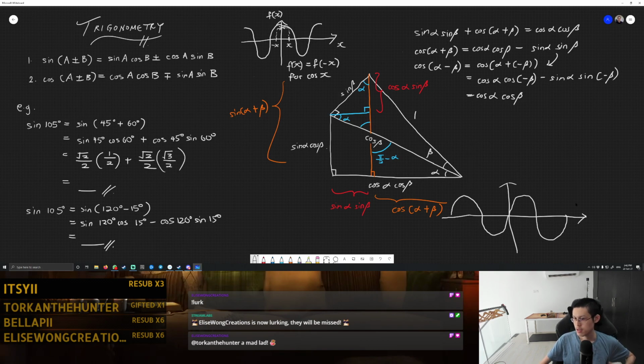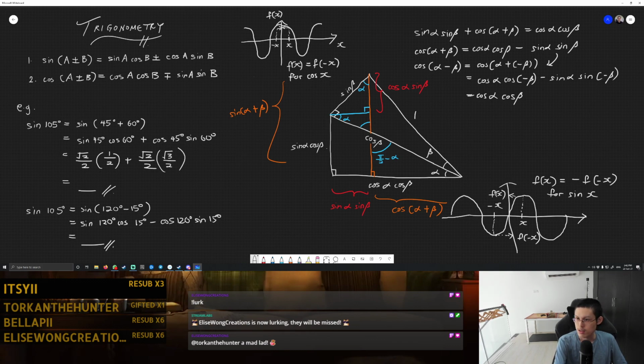The point is, if I take an x here, and this is negative x, they would map to different points on the y-axis. In fact, it will map to the opposite side, right? So if this is f(x), this is going to be f(negative x). So f(x) is actually equal to negative f(negative x) for sine x, because it is an odd function.